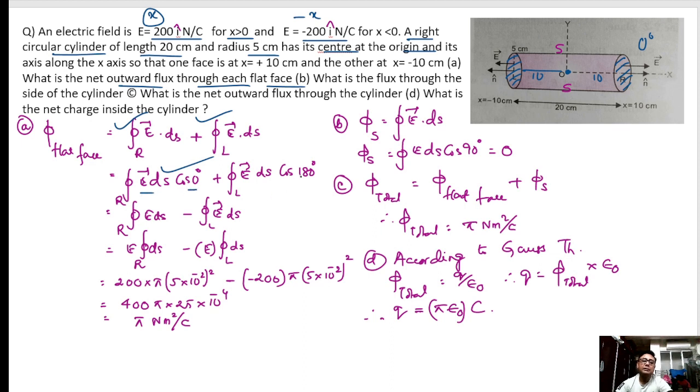And on the left it will be minus cos 180 degrees, because normal is this side and electric field is on this side.